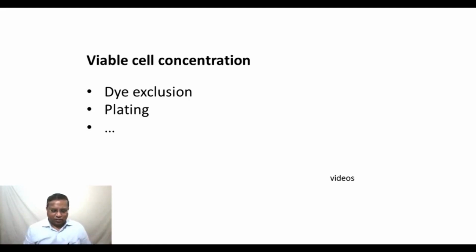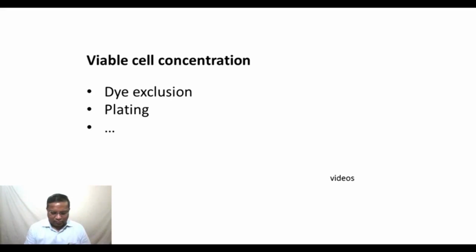Dye exclusion is based on the principle that certain dyes, which can be visualized, are excluded by living cells. So in the presence of dye, the cell is going to appear undyed, uncolored. So by counting the number of cells that are not colored and by counting the total number of cells, you can have percentage viability or the viable cell concentration itself from direct measurements.